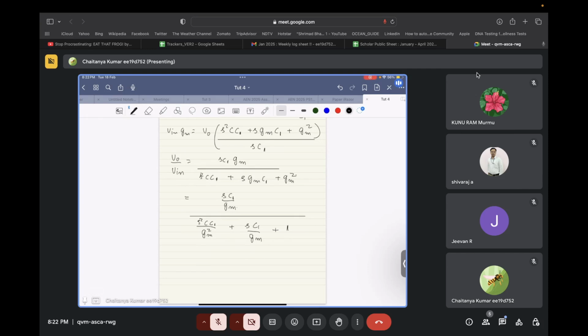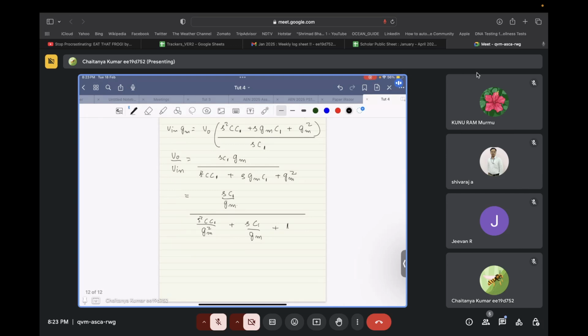At very high frequencies 1 by S square will become 0, and at the middle frequencies you will have a pass band. And where will be the pass band peaking? In the original case it was 1 by square root LC. In this case it will be GM by square root C times C1, basically the 1 by square root of whatever is the coefficient of the s square term.